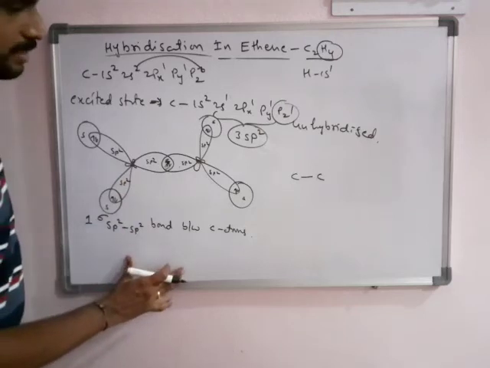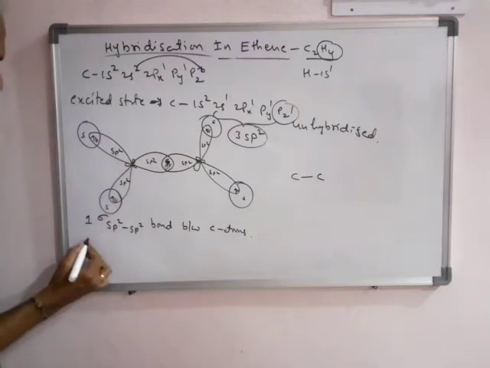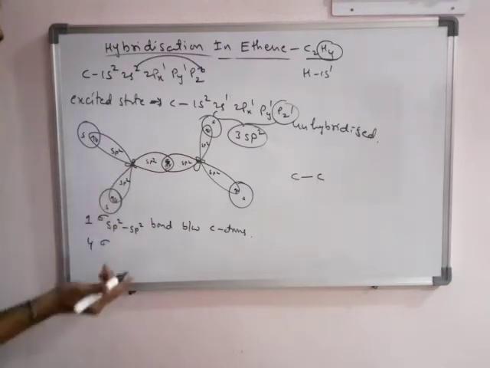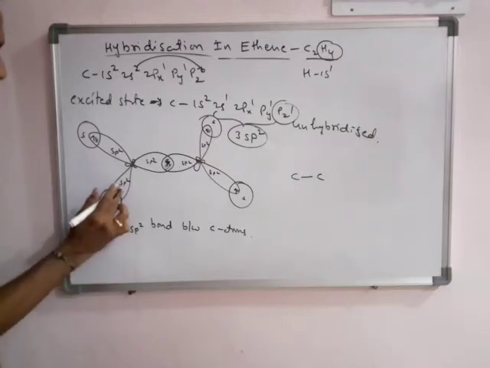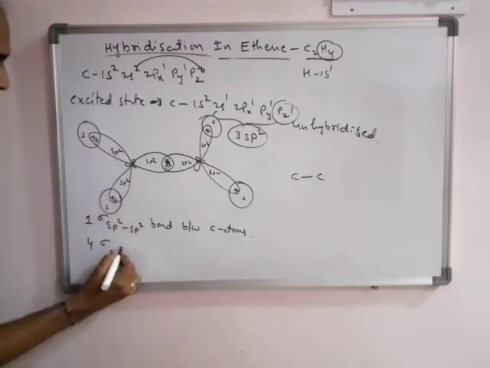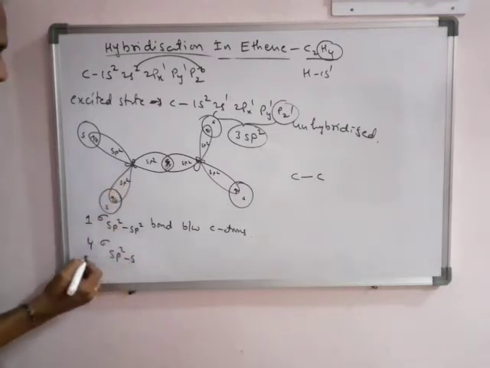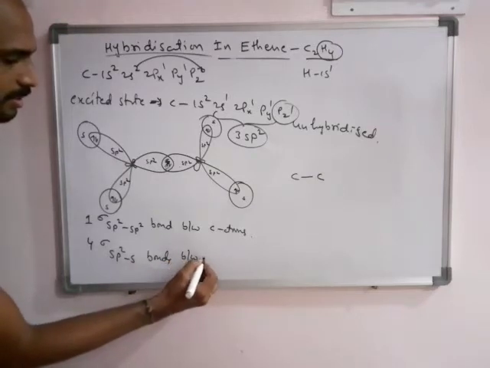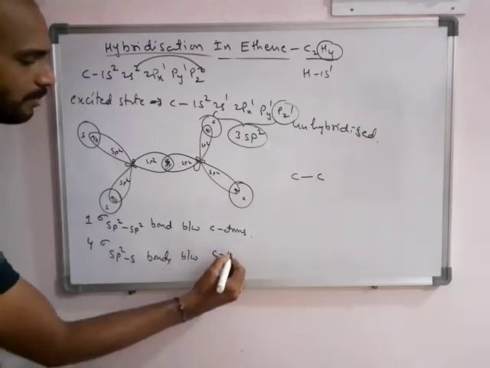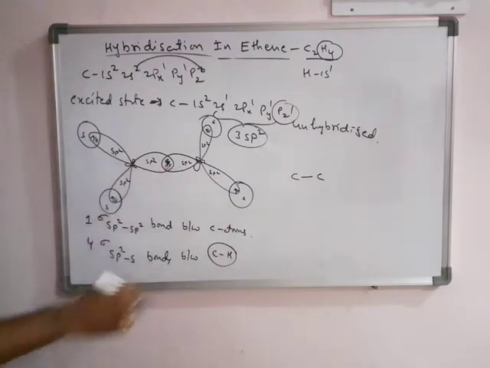So how many overlappings take place here? 1, 2, 3, 4. There are 4 overlappings. Head-on overlapping. There is a formation of 4 sigma bonds. The sigma bonds formed here are sp2-s, sp2 of carbon, s of hydrogen. There are 4 such bonds: 4 sigma sp2-s bonds between carbon and hydrogen.